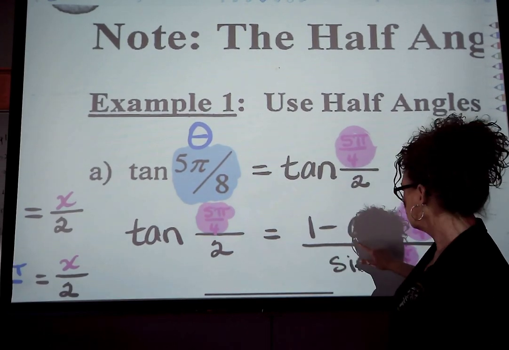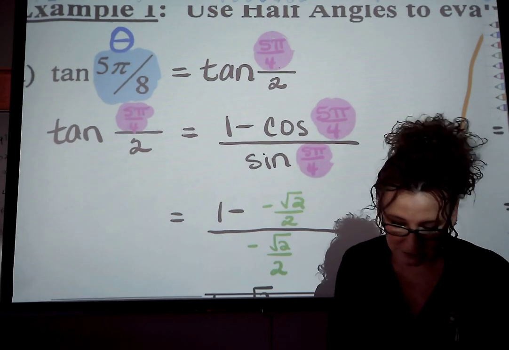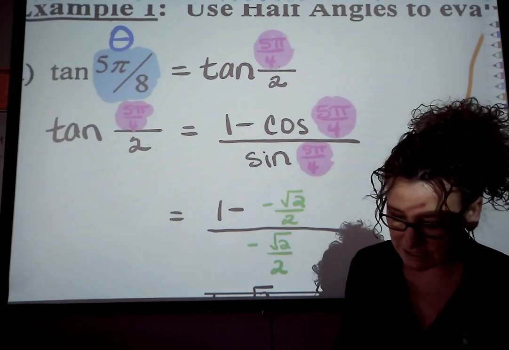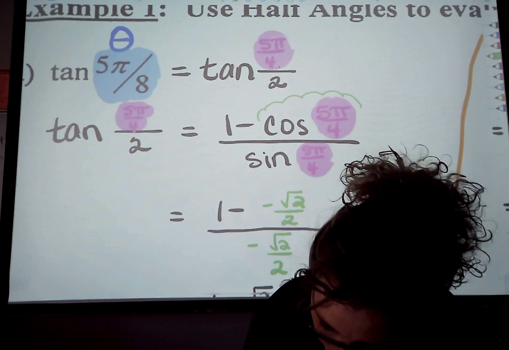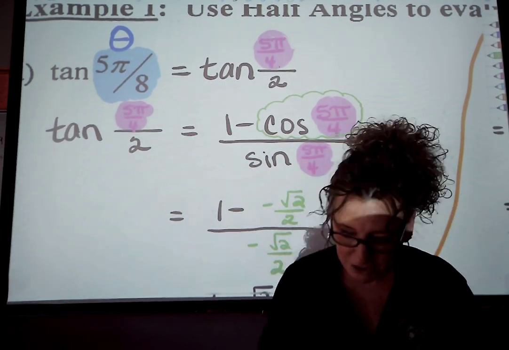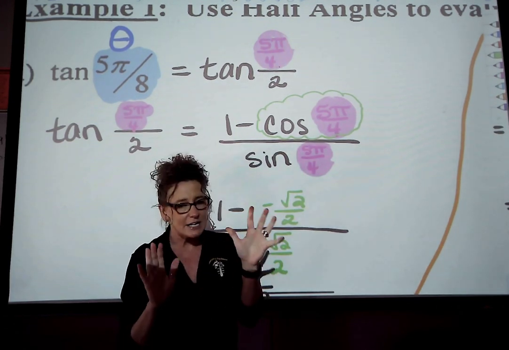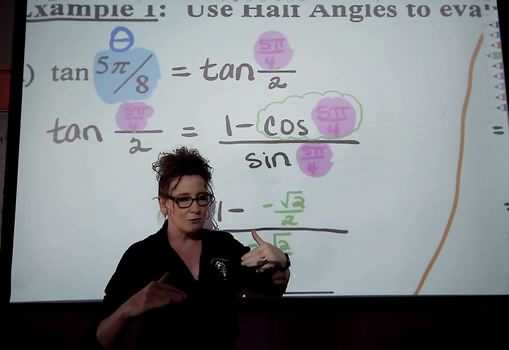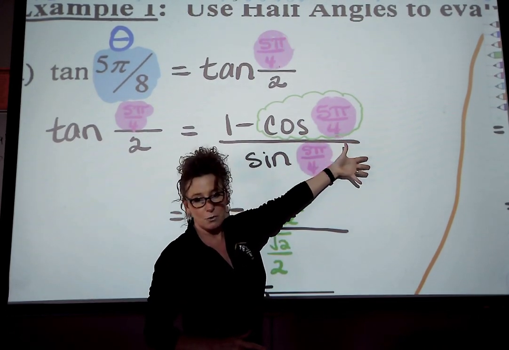So, here we go. Let's start doing the work here. So what I did is I evaluated cosine of 5 pi over 4. This right here results in a fraction. So here I go. You should be able to do this quickly, but just in case you've forgotten, let me go over it slowly once with you. 5 pi over 4, my reference angle is pi over 4.